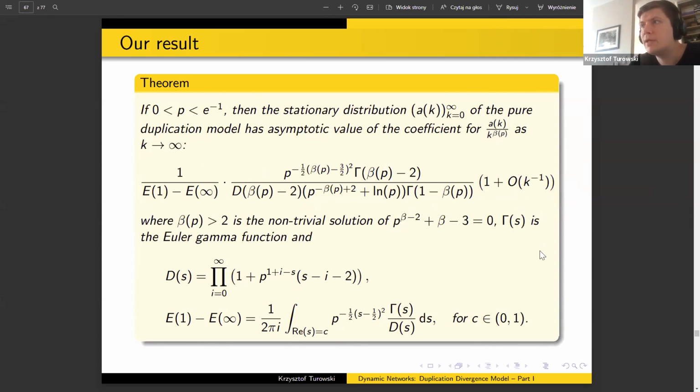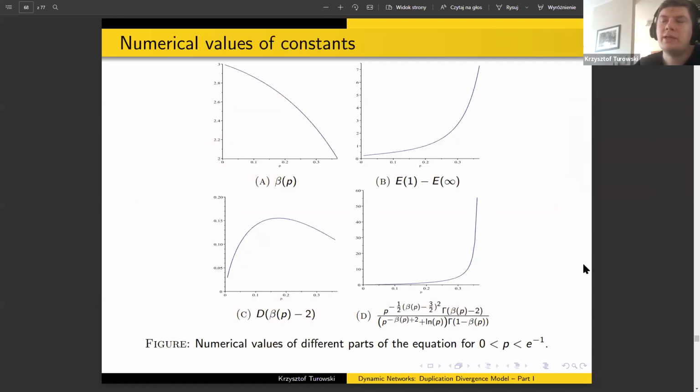Okay. In fact, we performed some tests to find numerical values of these constants, and it turns out that indeed it breaks down whenever p goes to 1 over e on one side, and to 0 on the other side.